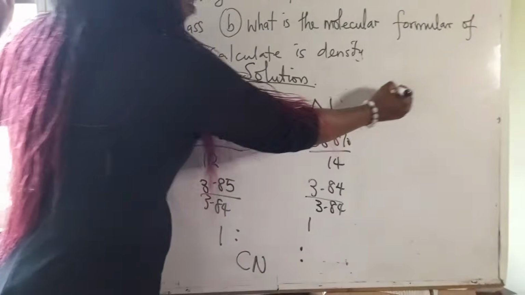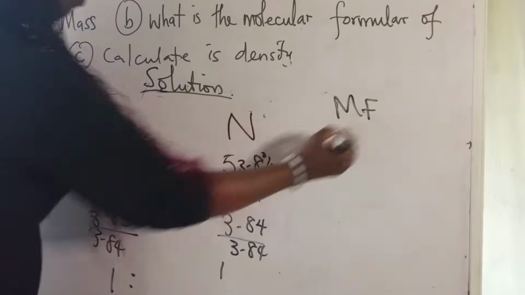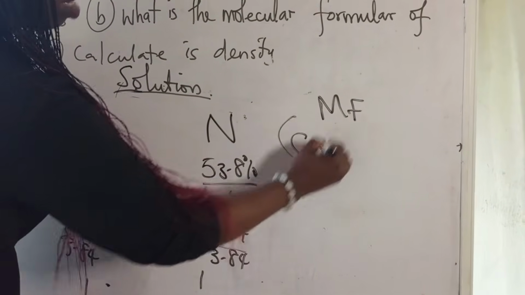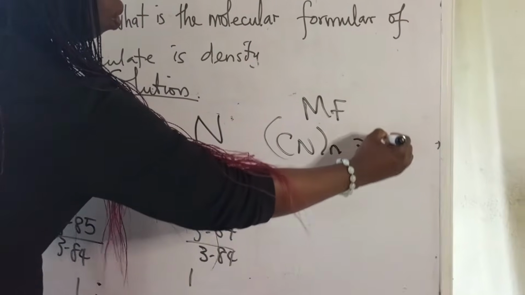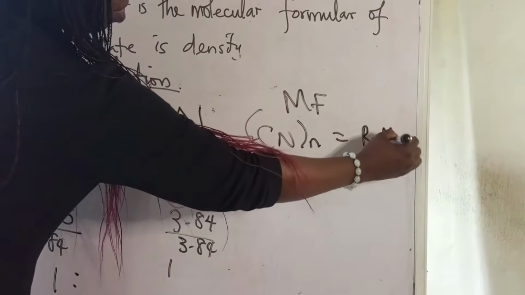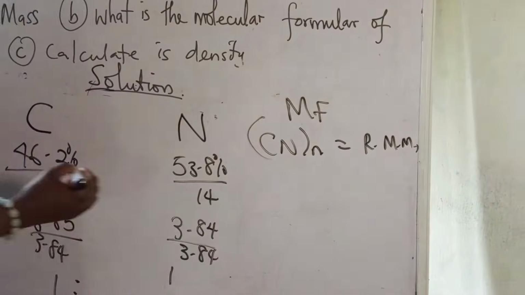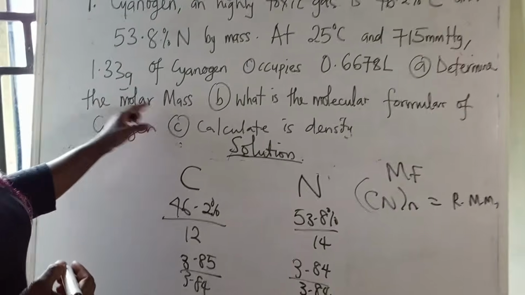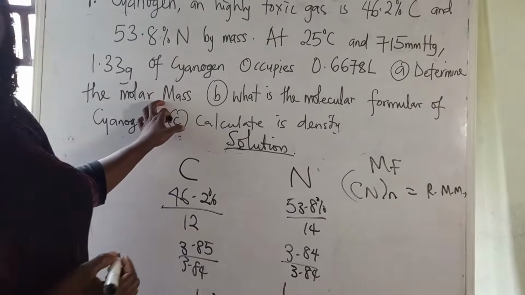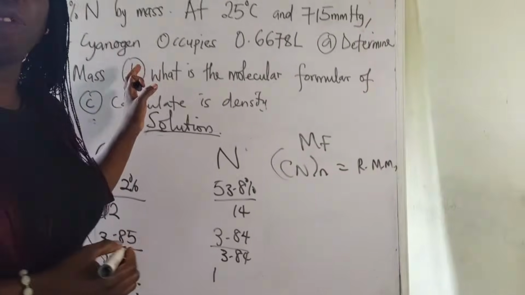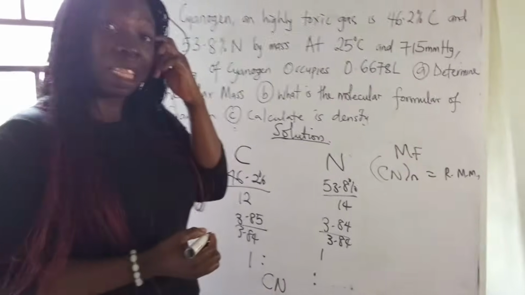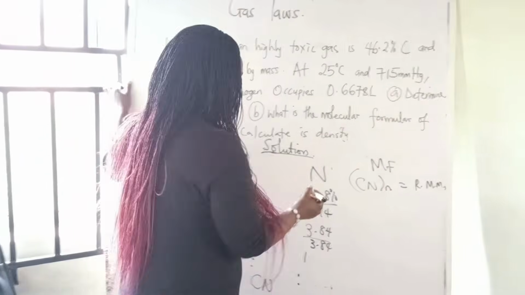Then your molecular formula will become (CN) in bracket n, where n equals to what? Relative molecular mass, which we calculated from determining the molar mass in the question, and we got 51.8, and approximately it becomes 52.